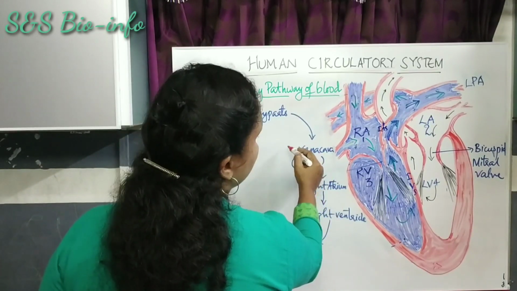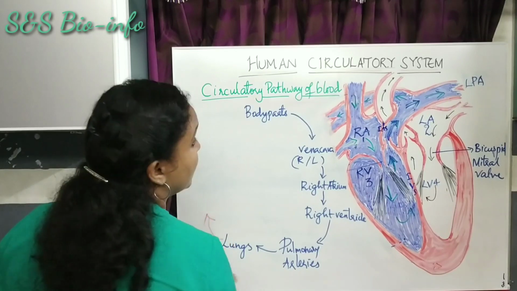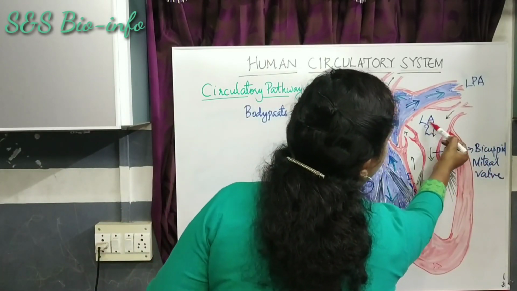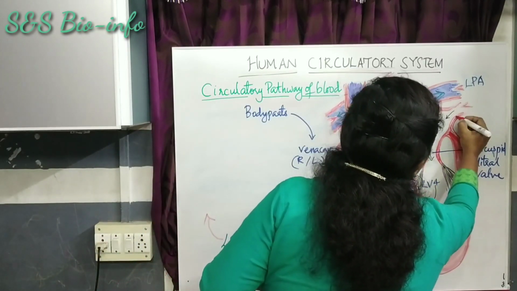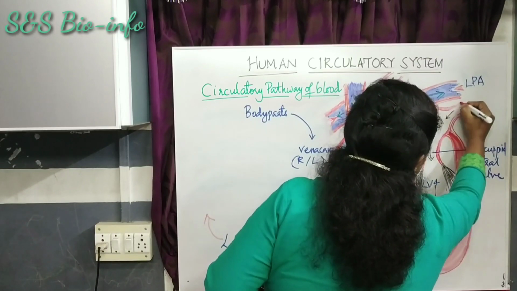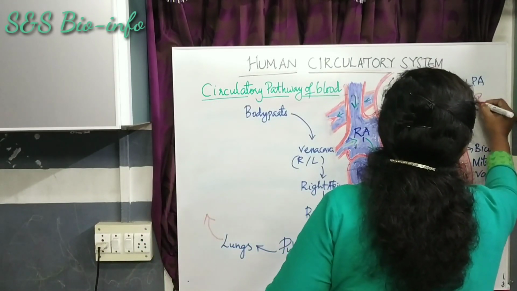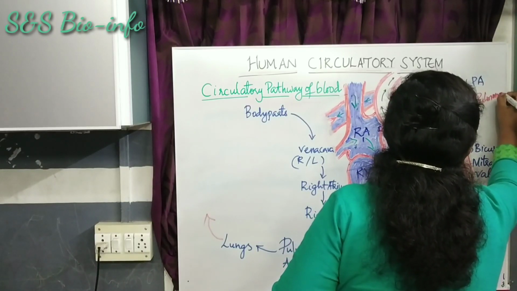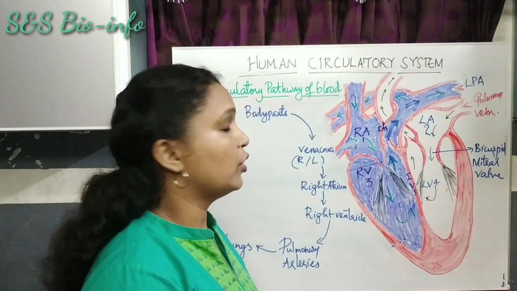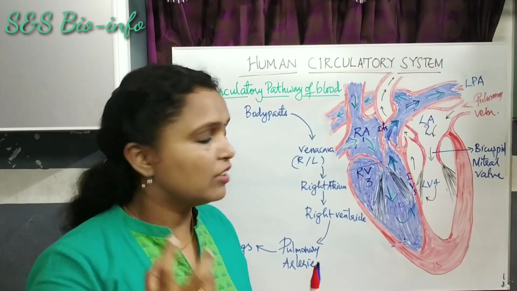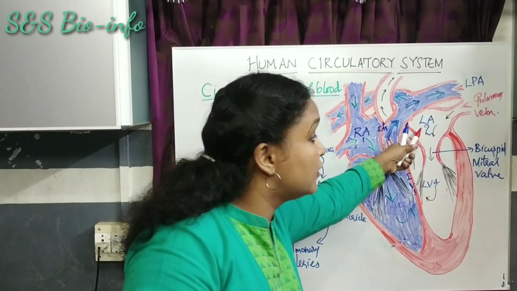So from the lungs, it goes to the respective left atrium. Here you can see the pulmonary veins. Not only one, pulmonary veins from the respective lungs bring the pure blood to the left atrium.